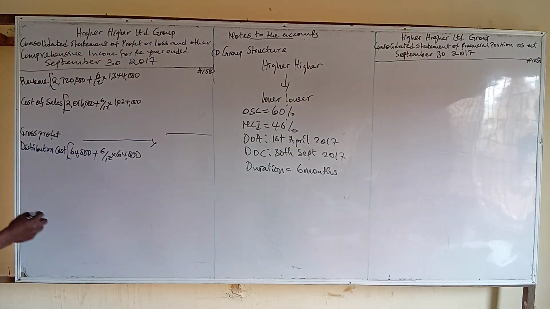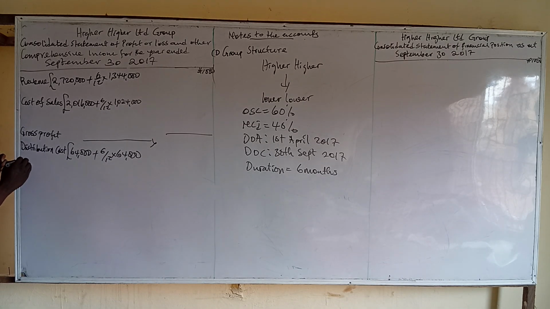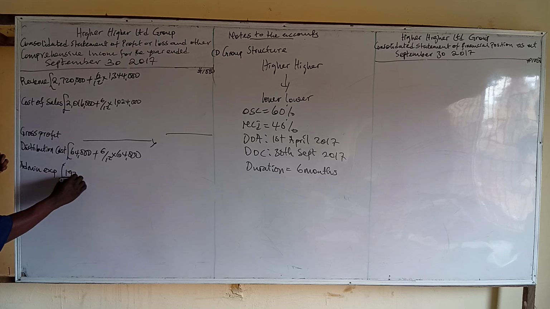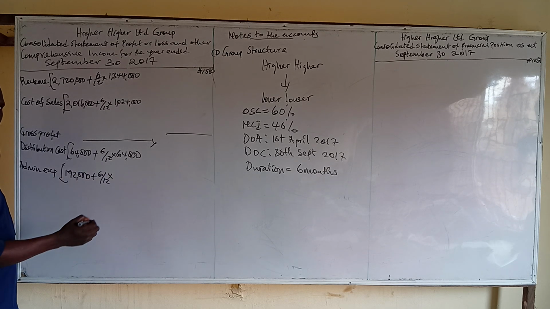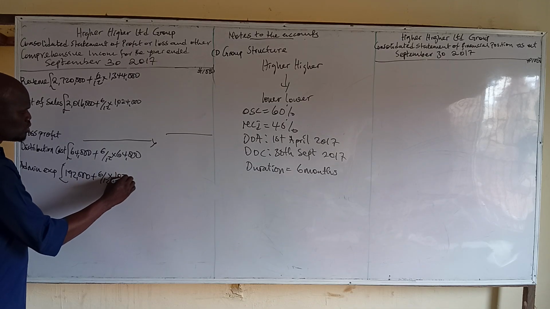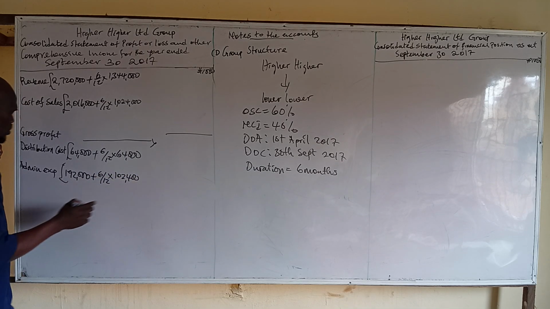So what's the next thing? Administrative expense. Open a bracket. The parent company admin expense is 192,000, plus 6 months of the subsidiary, 102,400. So we leave it open.